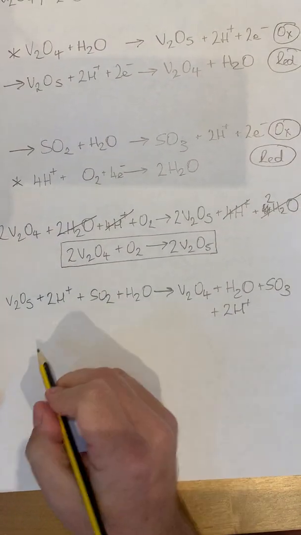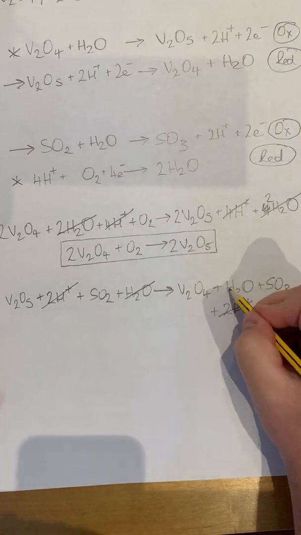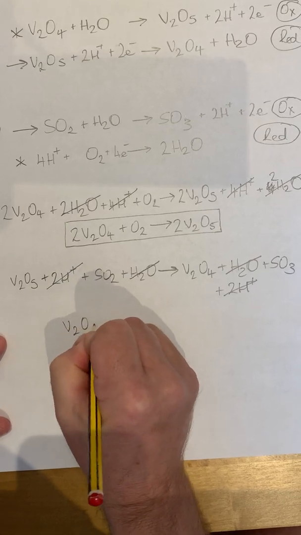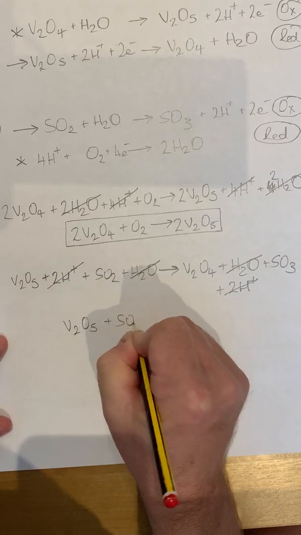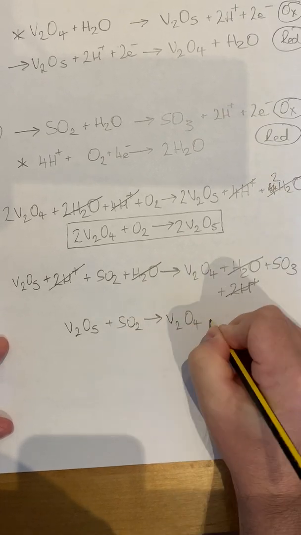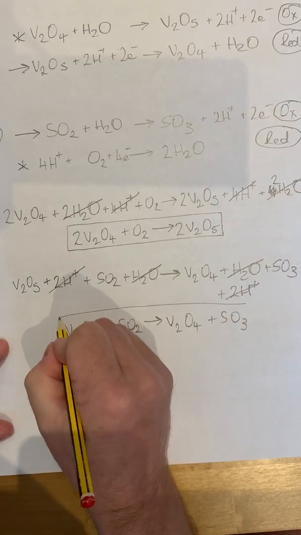Again, we can cancel further. Subtract 2H pluses off both sides, subtract water off both sides, and to tidy it up, V2O5 plus SO2 makes V2O4 plus SO3. And that's the other equation that you need.